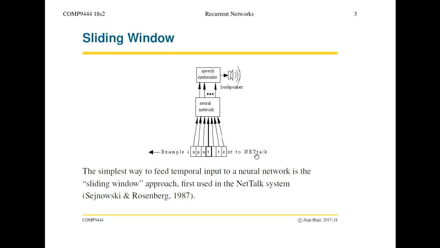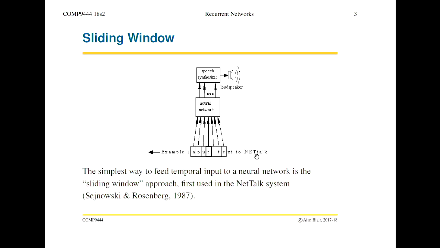So the input is a sequence of letters. There were 29 possibilities for each letter. I think it's the 26 letters of the alphabet, and then a space, a dash, and a full stop or something like this, three different punctuation marks.